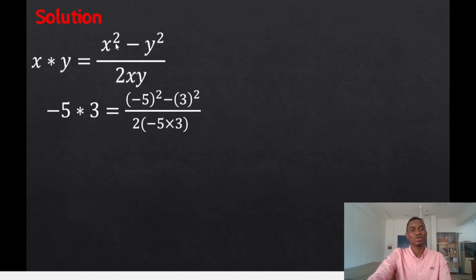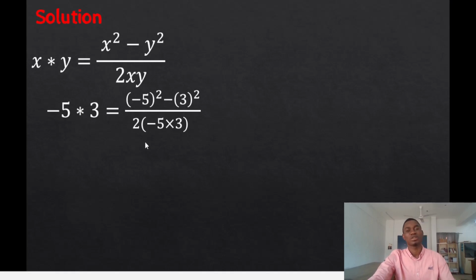Yes. So minus 5 is our first element. 3 is our second element. And we are taking the square of the first element. Then we subtract the square of the second element. We divide the result by 2 times the first element times the second element.